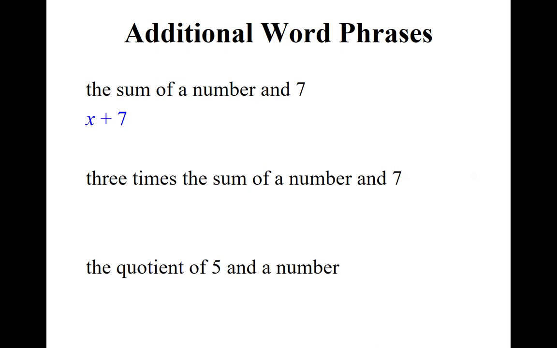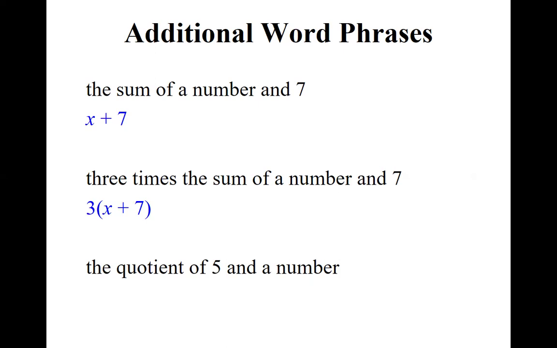3 times the sum of a number and 7. What is the 3 multiplied by? It is multiplied by the sum. The sum of what? A number and 7. So we have x plus 7, and we're multiplying 3 times that sum.